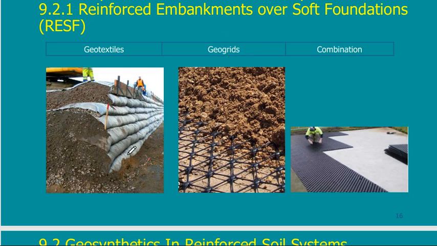What about the geotextile? The geotextile, they are both synthetics, they are made for soil, but one of them is made in the shape of a grid, the other is made in the shape of a cloth, as if it is textile.